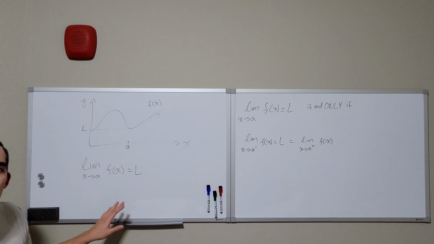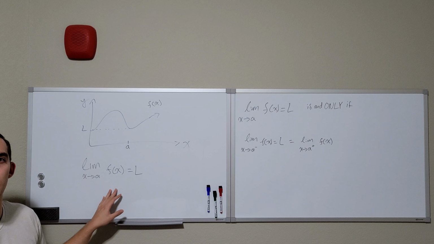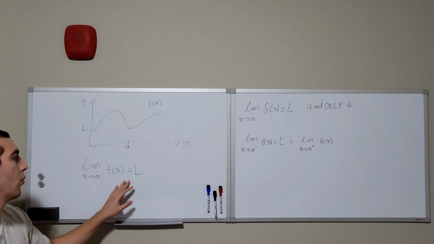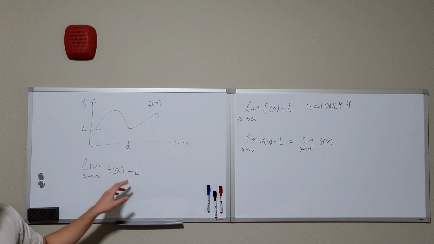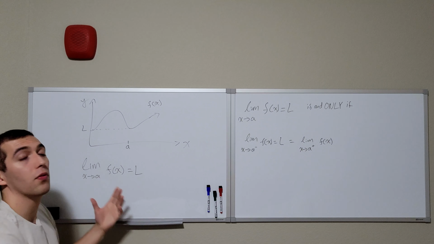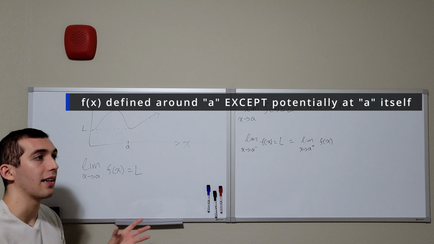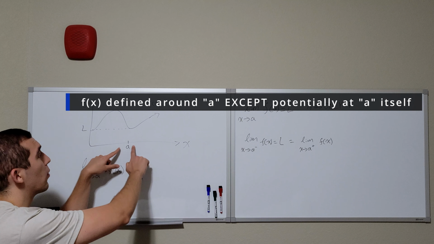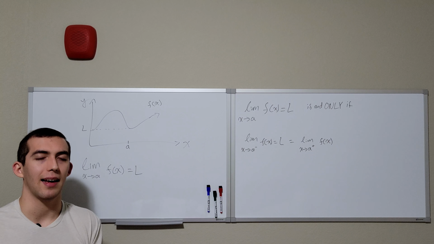Now there's also a bit of a definition here that is in the textbook that you might find is overlooked quickly. But in order for this to be true, we're making that x really close to a, therefore x has to be defined, or x has to exist around a except potentially at a.